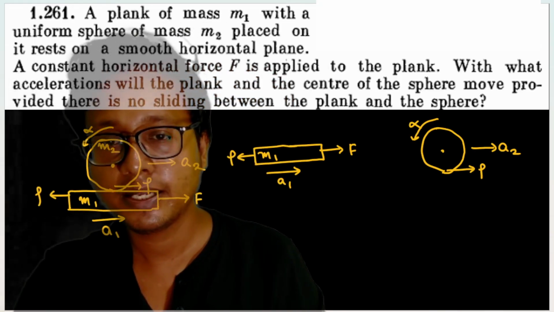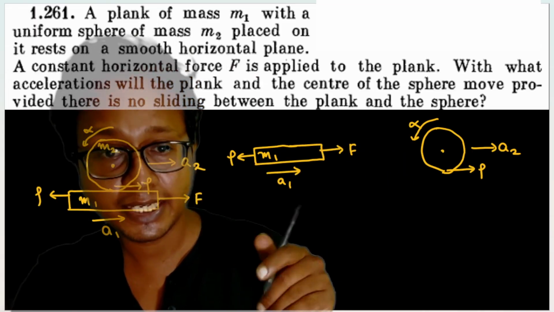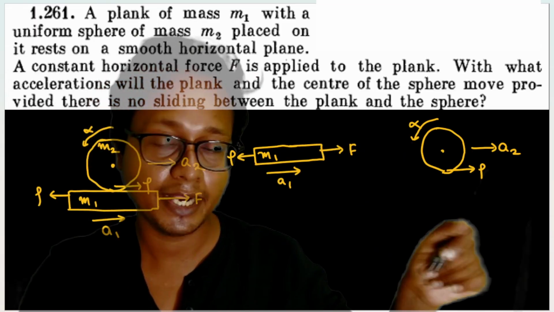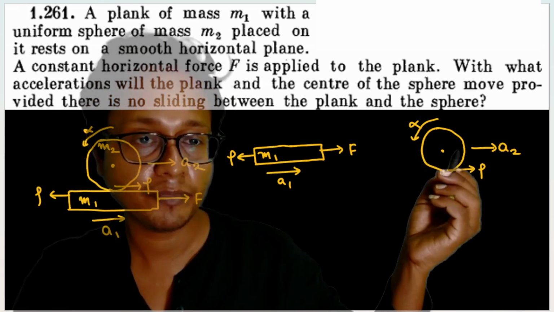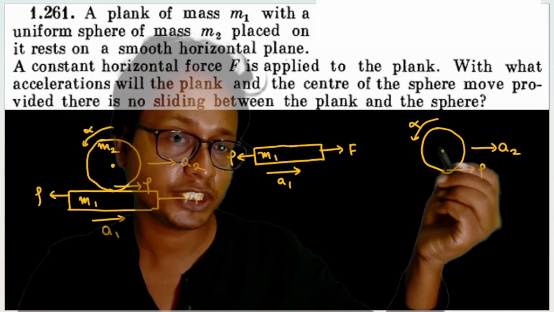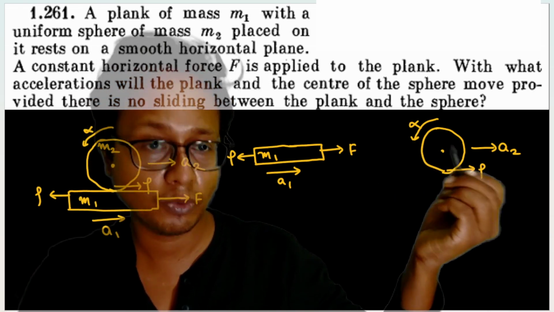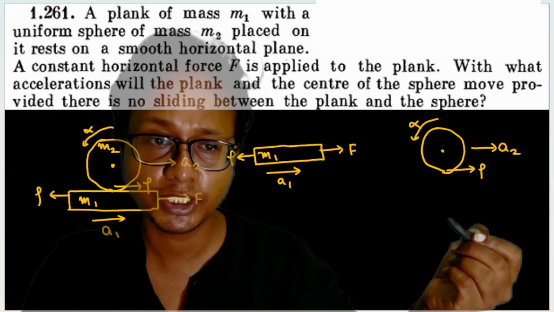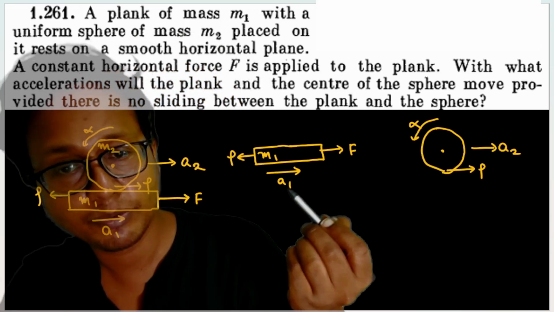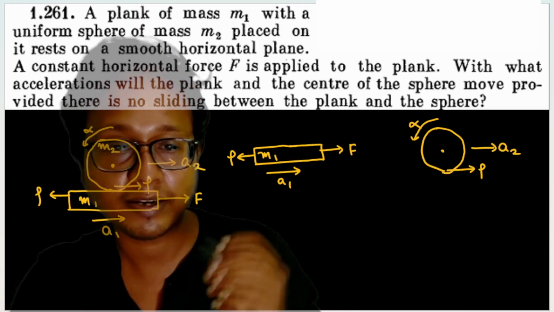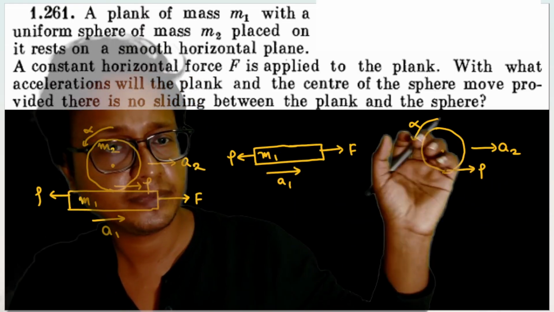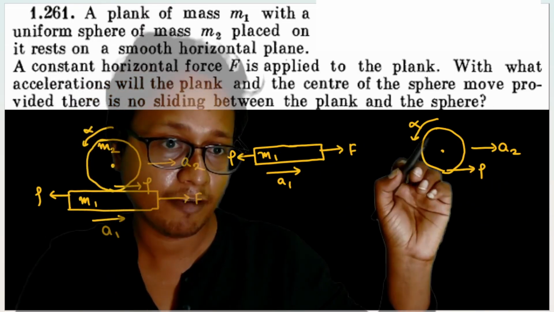Now I need a relation between a1, alpha and a2. Why? Because of the number of equations. From the sphere I'll get two equations, the torque equation and the force equation. From the slab I'll get one force equation. So I'll get three equations, but the variables are a1, a2 and alpha. So I need one more equation that gives the relation between a1, alpha and a2.